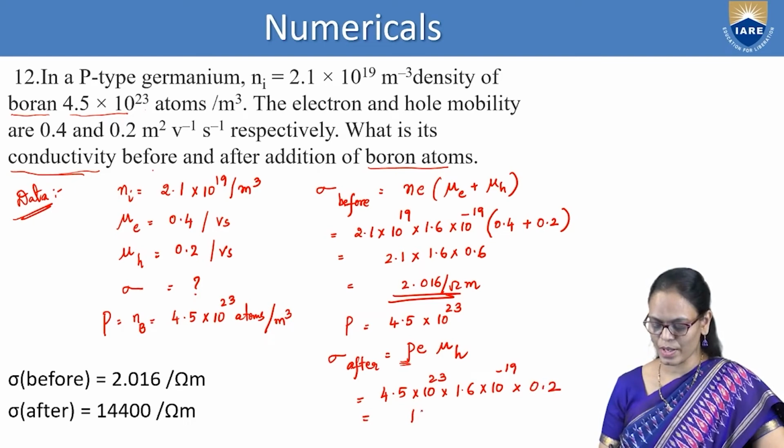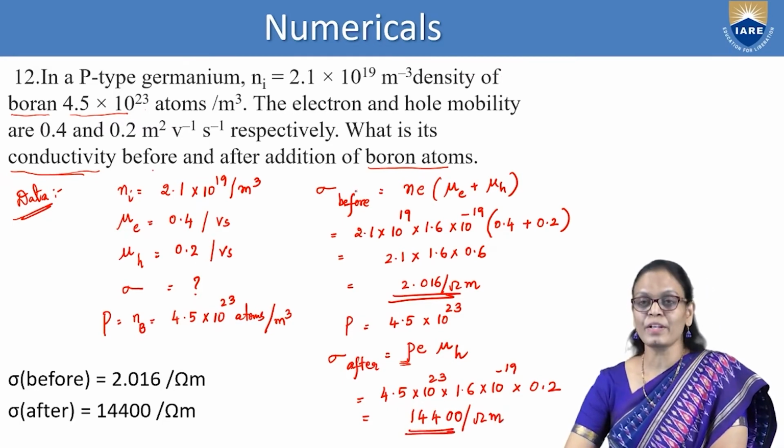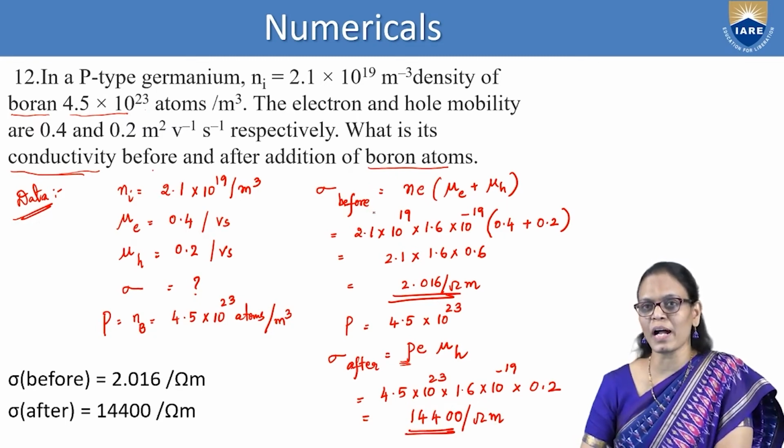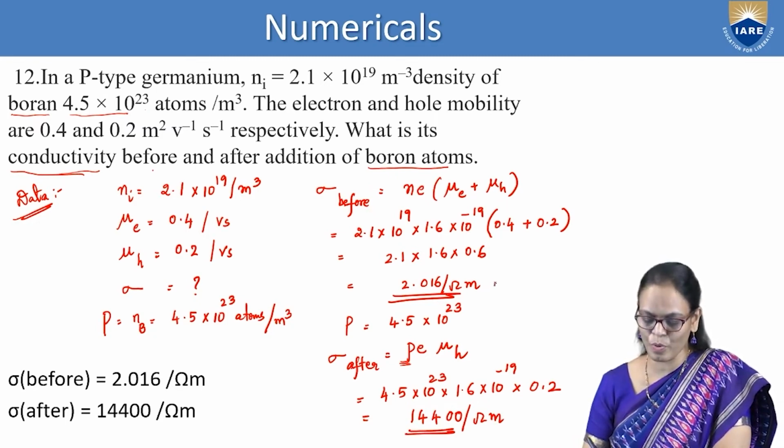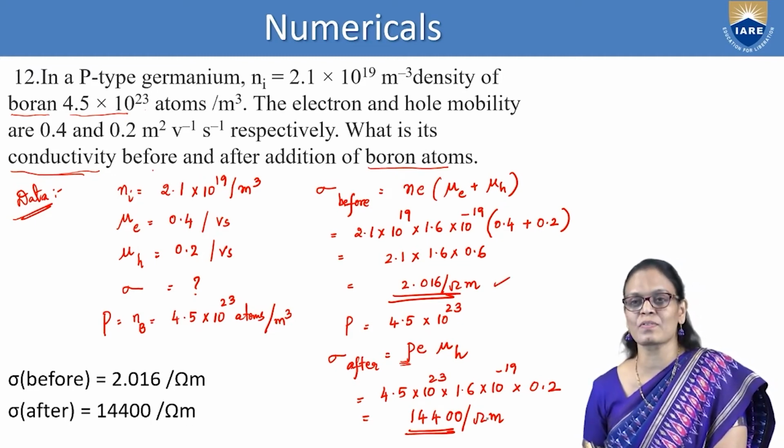So this will give us 14400 per ohm meter. So the value of conductivity before adding the boron atoms is 2.016, but after adding boron atoms it becomes 14400.